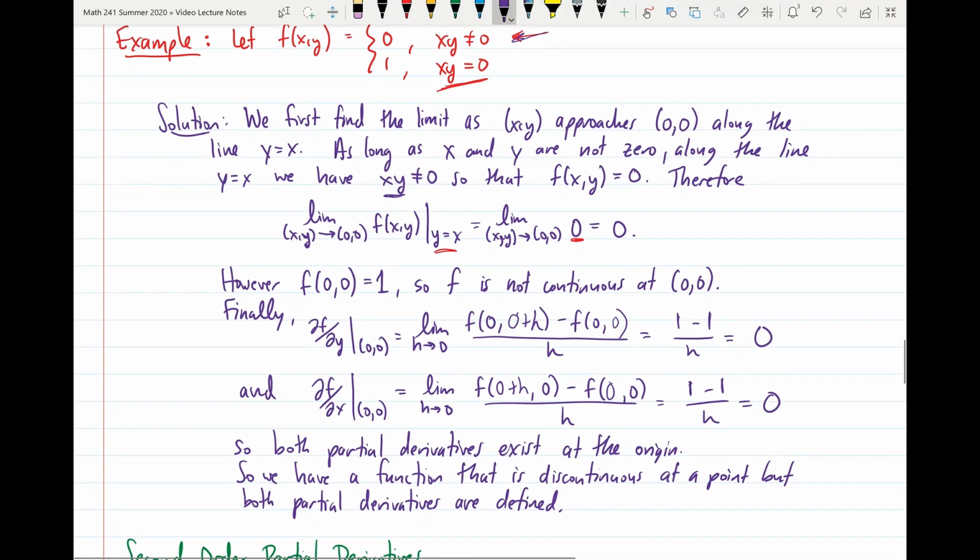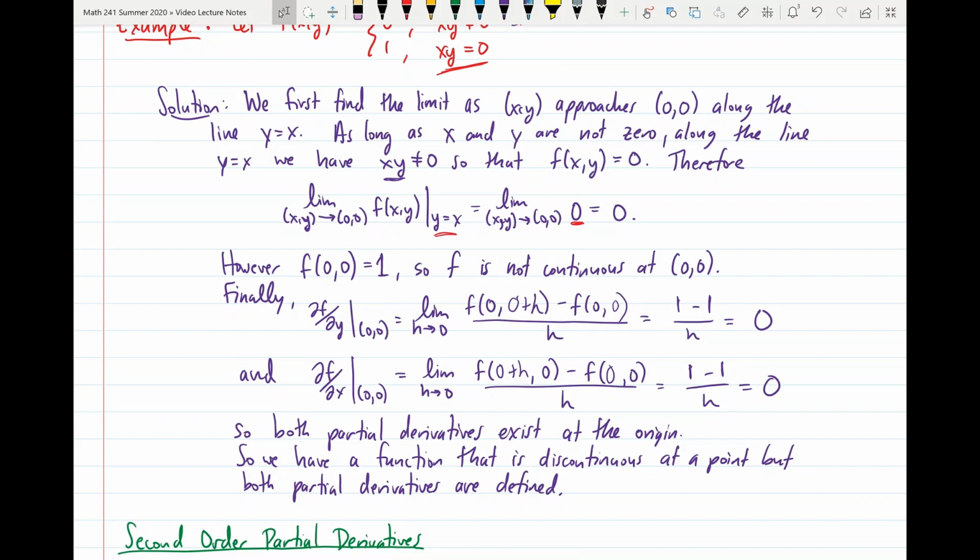Therefore, the limit as (x, y) goes to (0, 0) of f of x, y along the line y equals x is equivalent to the limit of the constant function 0, and the limit of that function is of course just equal to 0.